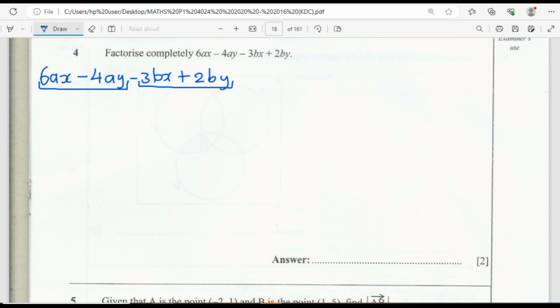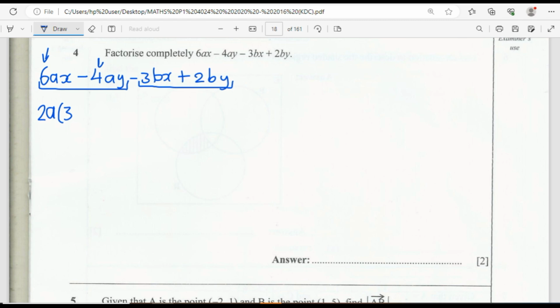So now let's first begin with the numbers. Each number can go into 6 and 4, so 2 is common here. So we take out our greatest common factor, 2. What else is common? A is common. Then after we are done with this, we open the brackets, then we divide. 2 into 6 is 3, or what number can be multiplied by 2 to take us back to 6 is 3.